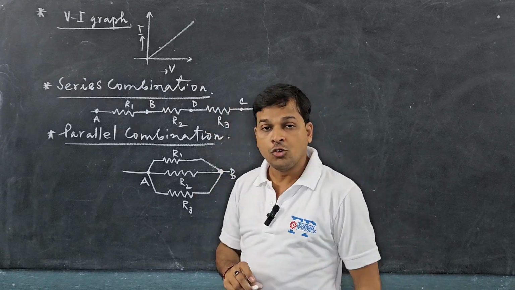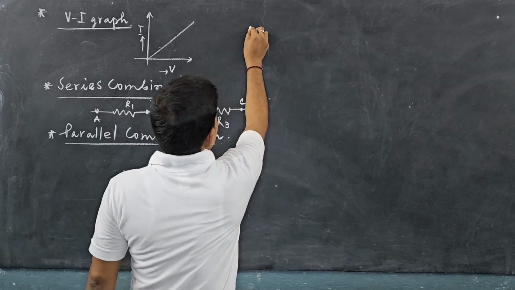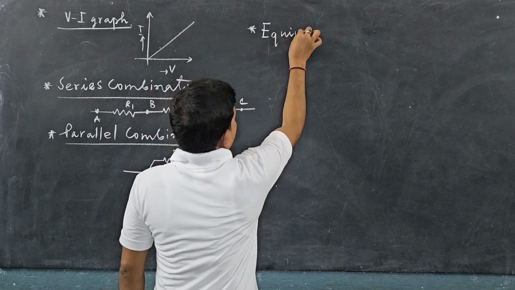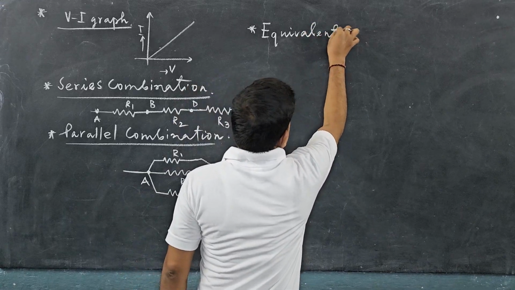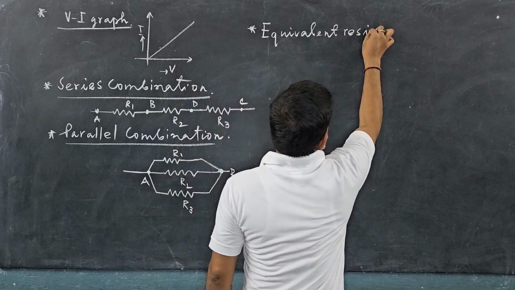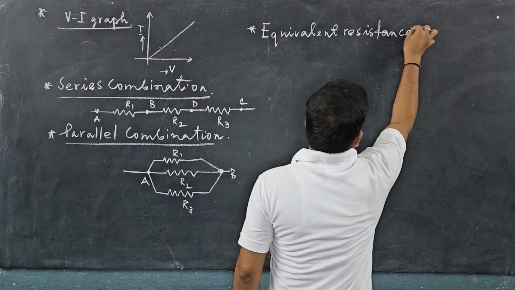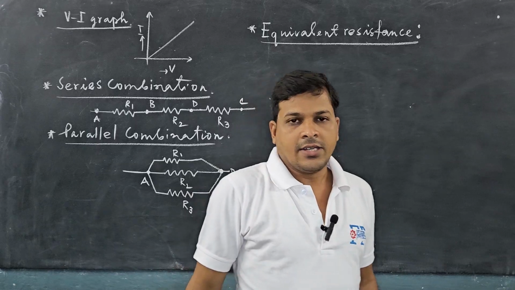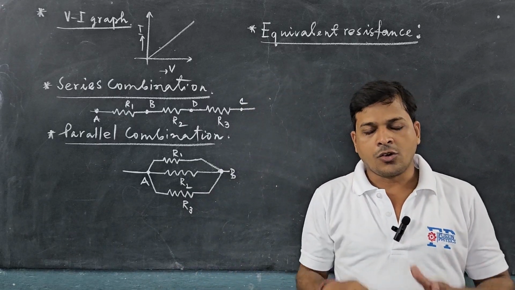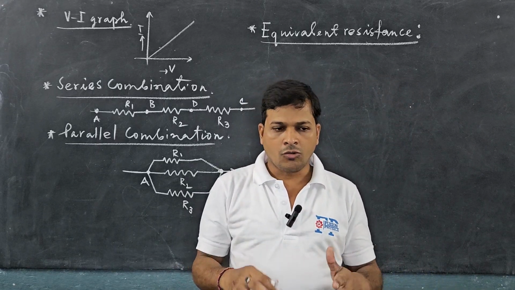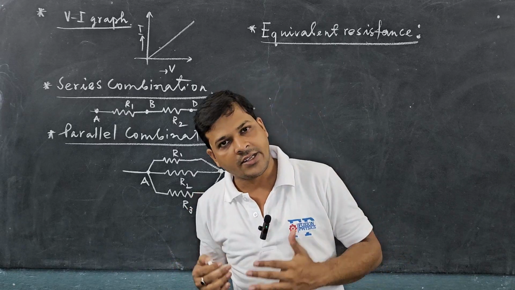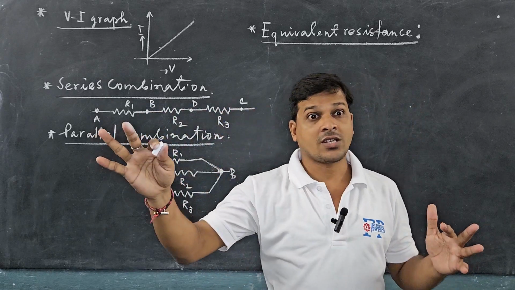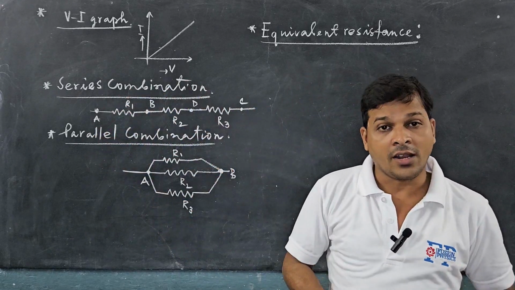That's why this is called the equivalent resistance. So equivalent resistance is the resistance offered by a single resistor, without altering the potential difference and the electric current, instead of two or more resistors connected in either series or parallel combination.